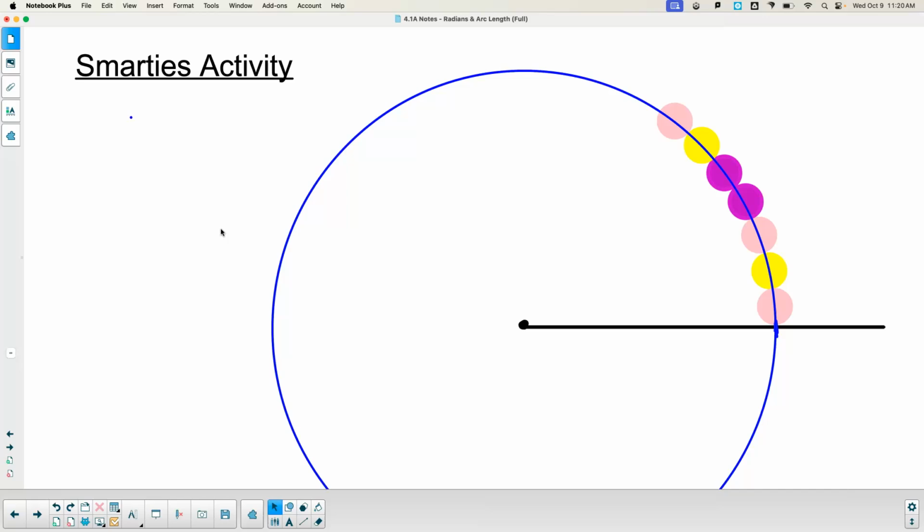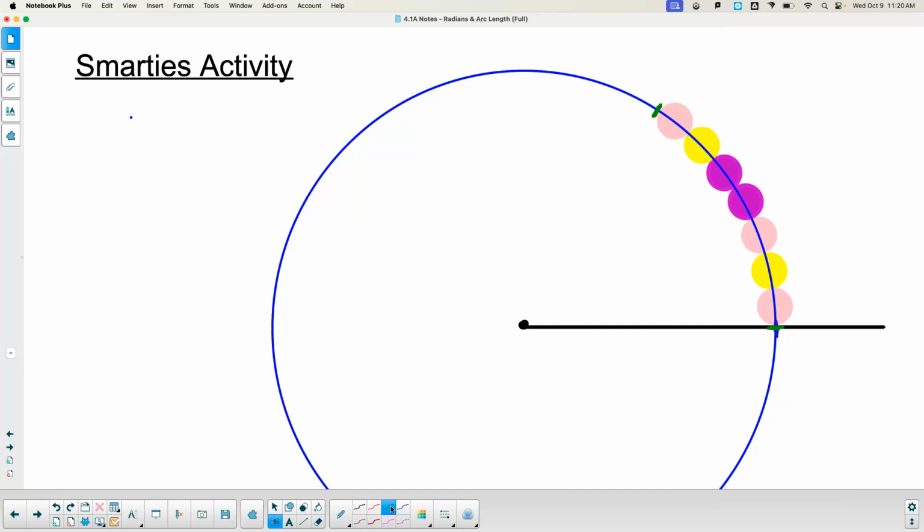Now what I want you to do is mark on the circle your start, which should already be marked, and where your 7 meet up. There's no shot that this is actually legit.